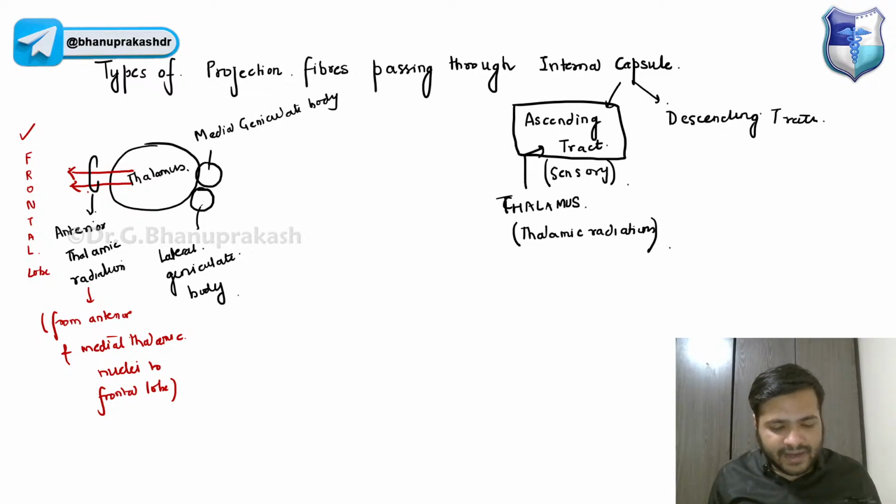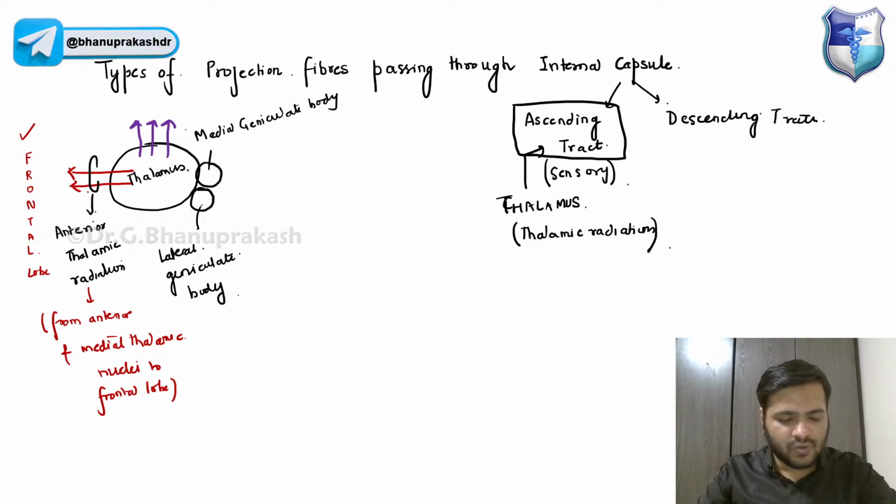Now, there are radiations, or the sensory radiations, guys. I can simply say the sensory radiations which are going above. Now, when I say above, guys, you already know, yes, we have the two nuclei, posterolateral ventral nucleus and posteromedial ventral nucleus.